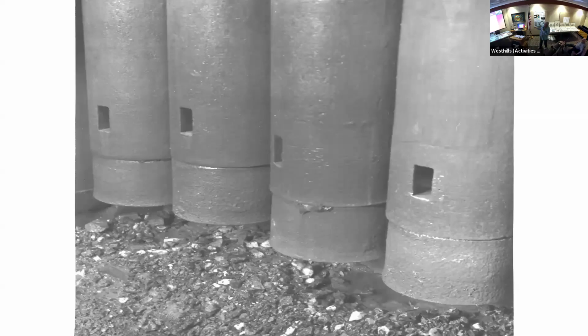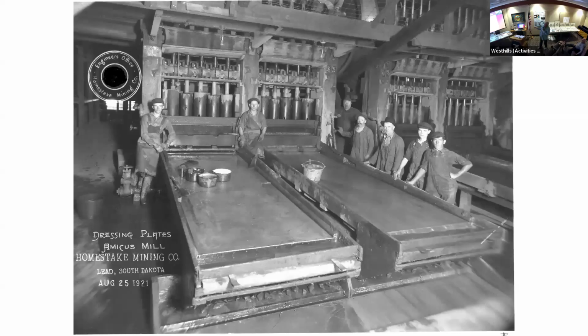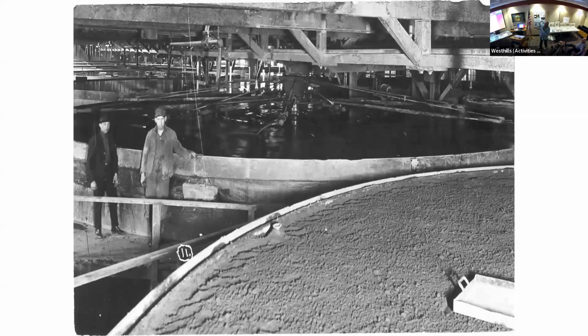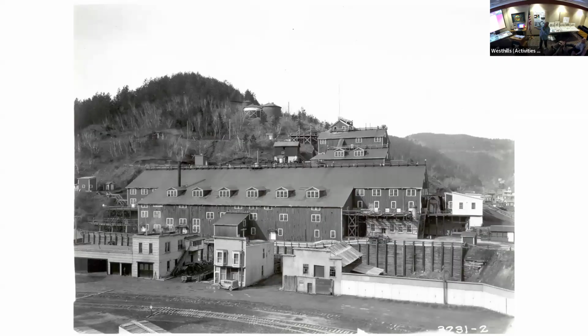Different processes. These are stamp mills, gold tables. This is what that South Mill area looked like before it was, and the gold was extracted using redwood vats with cyanide solution.